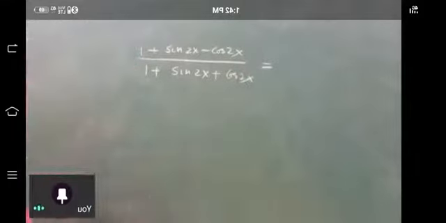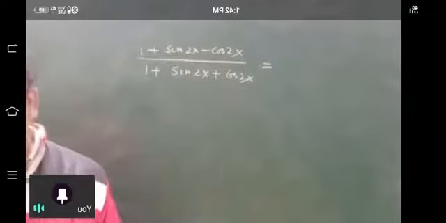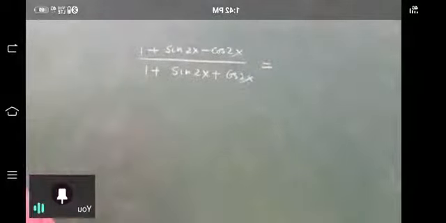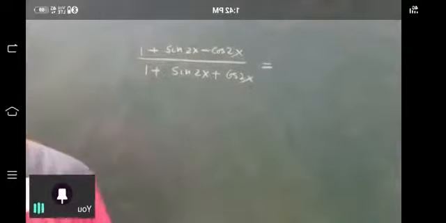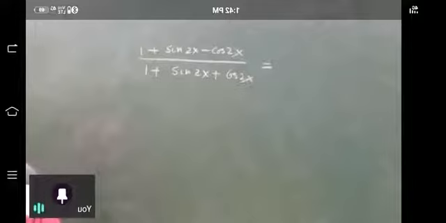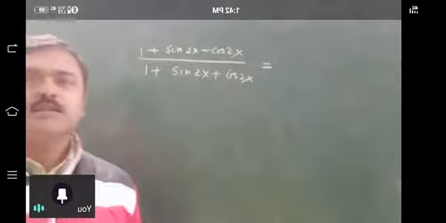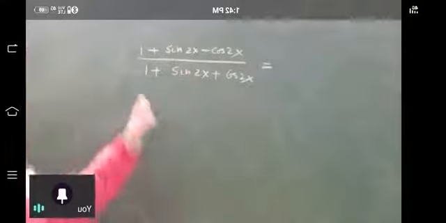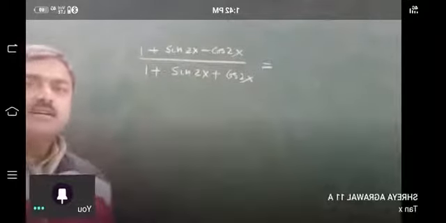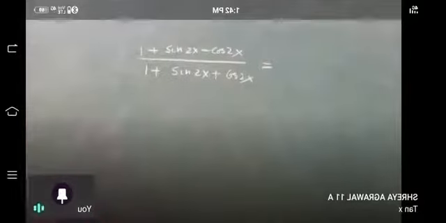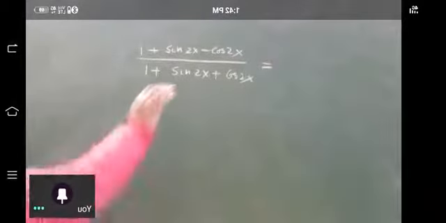Students, this is question number 4, but here on the right hand side there is some misprinting in my book. So if you can see in your book what is to be proved on the right hand side, you may see there. I am going to simplify here just now. Okay? Yes, tan x is to be proved.